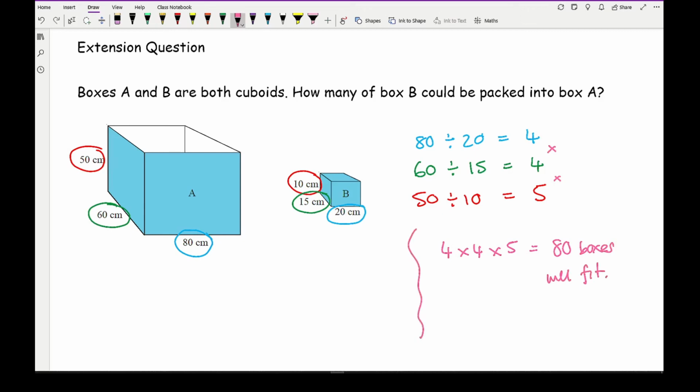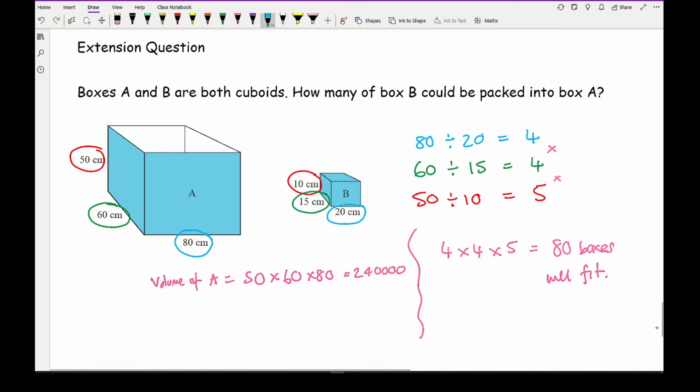Now, if you were to do the volume of A, then that would be 50 times 60 times 80, which gives me 240,000.